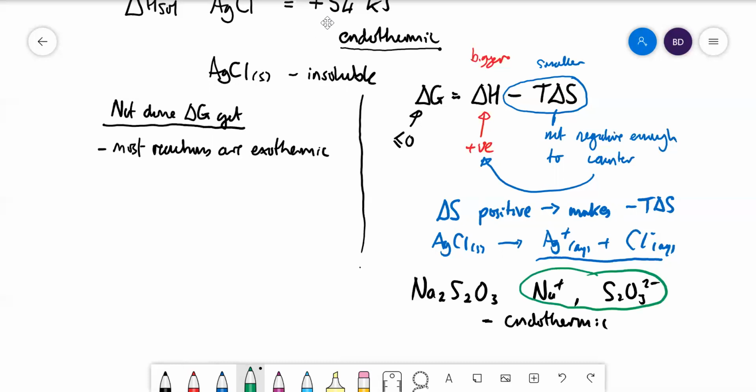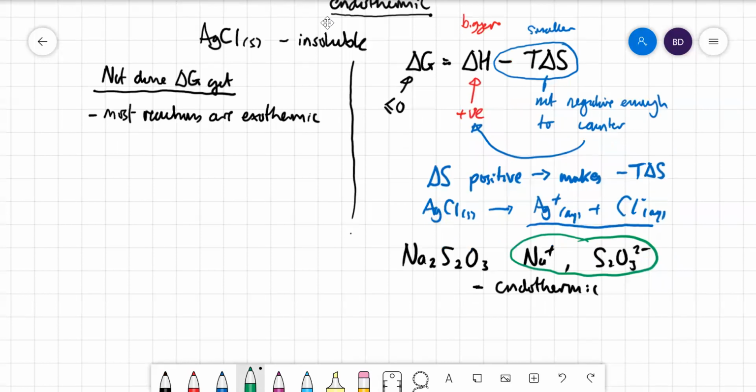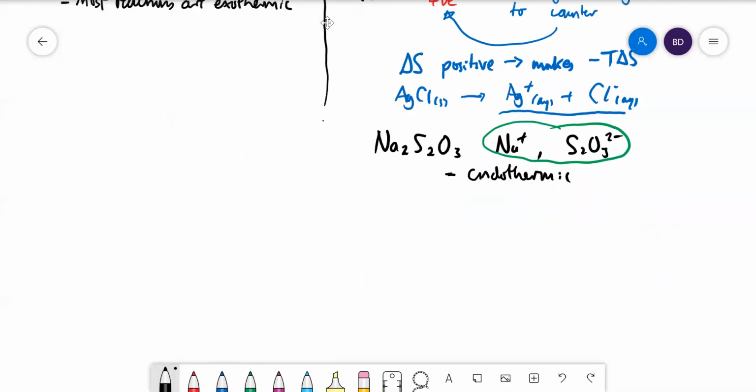And if we relate it to one of those little graphs that we did in the last lesson on delta G, what kind of graph have we got here? We're going to have delta G on this axis, and absolute temperature on this axis. Well, it's endothermic, isn't it? So that means the intercept here is delta H. That's going to be positive.